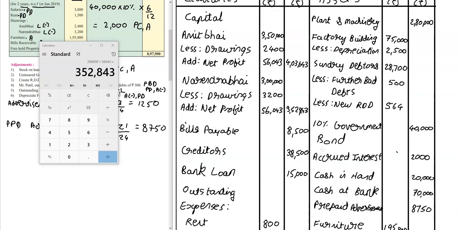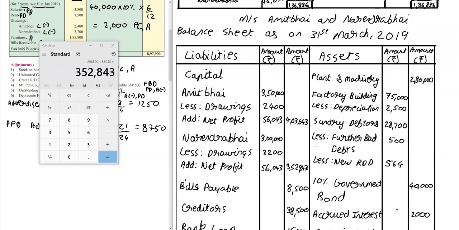Now, we have some outer column calculation still pending. Okay, and since I have the calculator, I'm going to use it. 75,000 minus 2,500, 72,500.